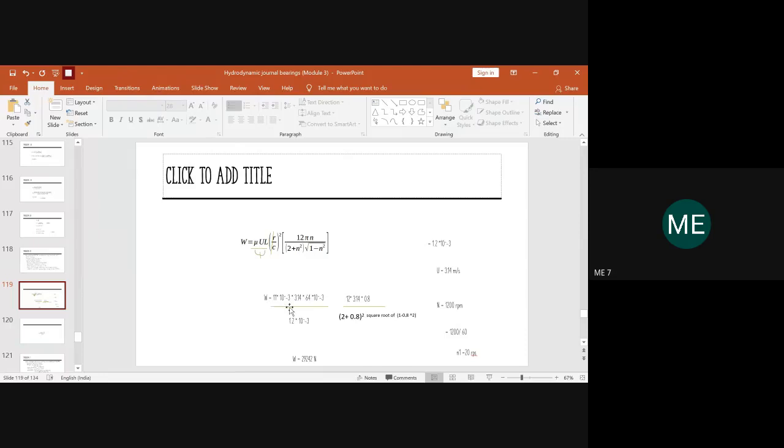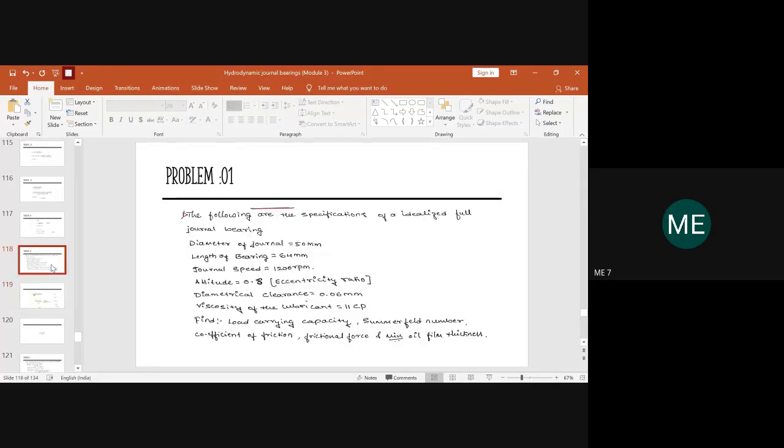Mu is 11 into 10 raised to minus 3. U is 3.14 meter per second. Length is 64 into 10 raised to the power minus 3 divided by diametrical clearance we calculated as C upon D, where C is the diametrical clearance divided by the diameter of the journal, which is 50 mm. So it was 0.06 divided by 50.